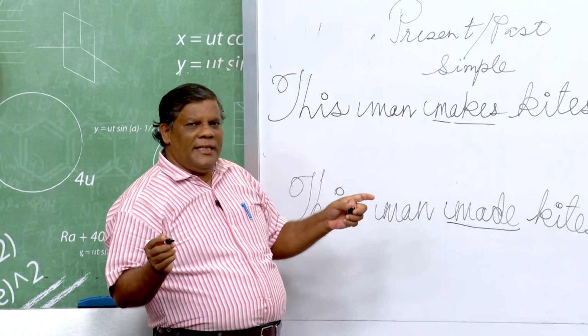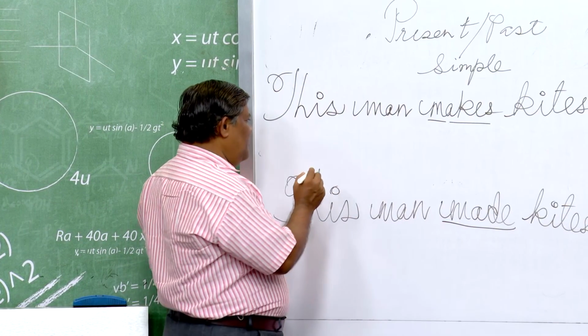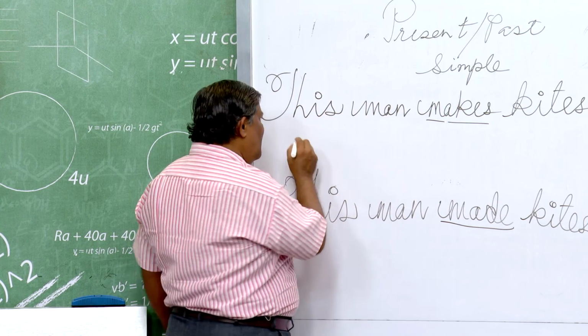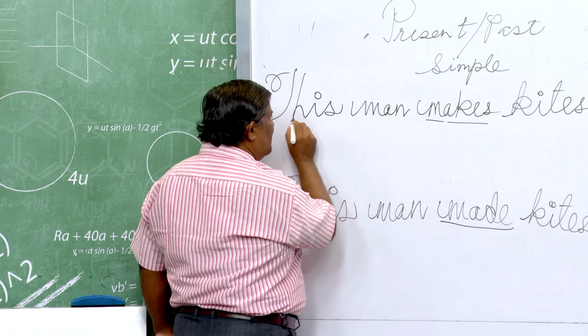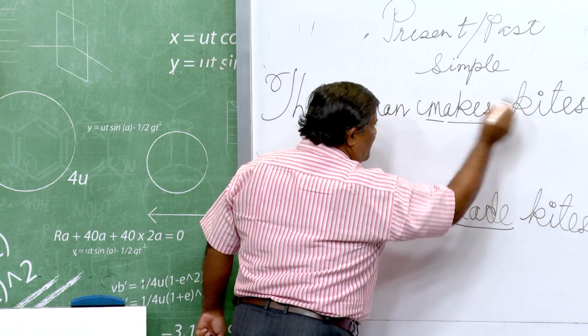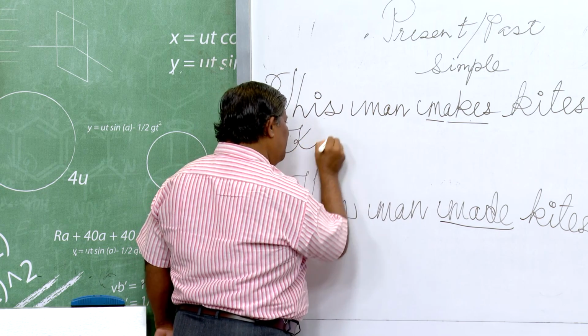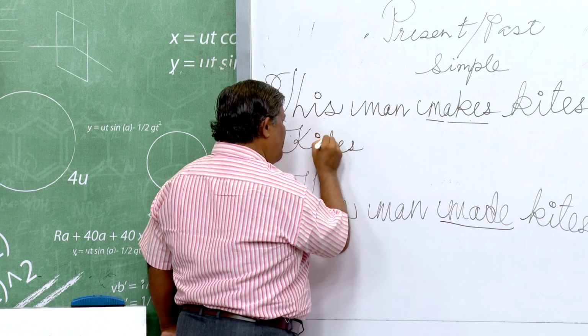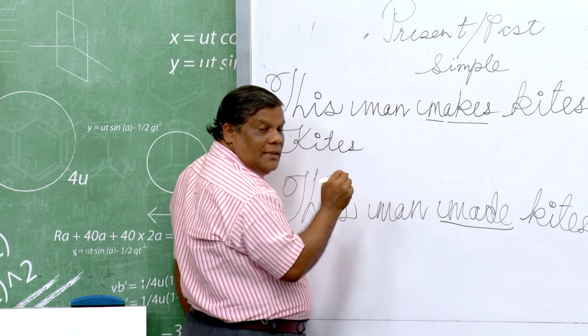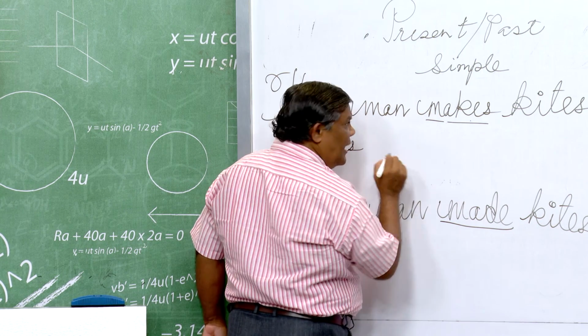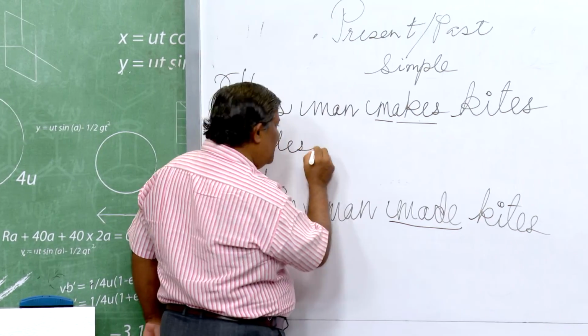When we make it passive, as I told you, object first. This is the subject, this is the verb, this is the object, and now object first. So kites, when we make it passive, then the be present, then is, am, are. It is plural, so it is are.